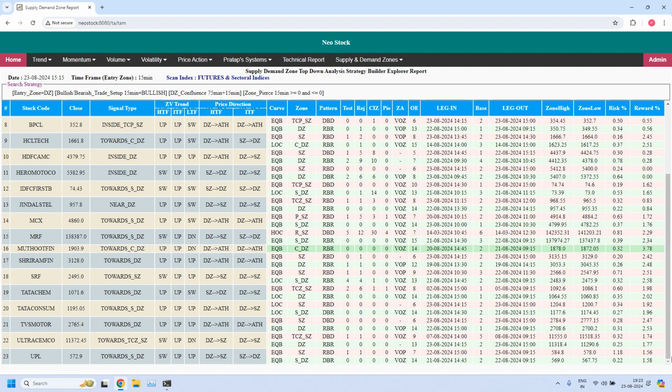Let's look into the 75 minute zone with daily EMA confluence, because EMA confluence up to daily time frame makes sense. Below daily time frame it does not give good results. So that's why daily always gives. Suppose if 75 minute zone is having daily EMA confluence, that means it's a good trade setup.